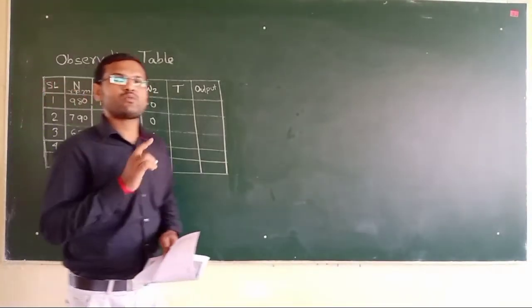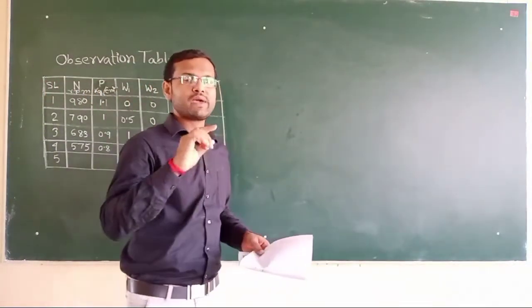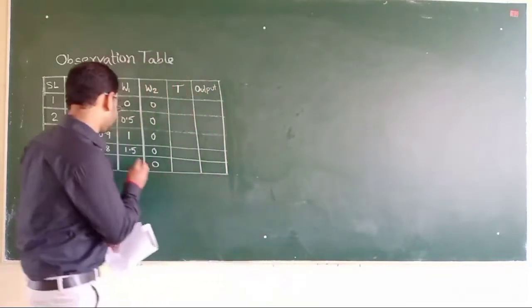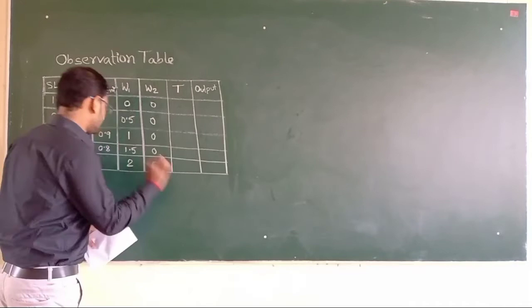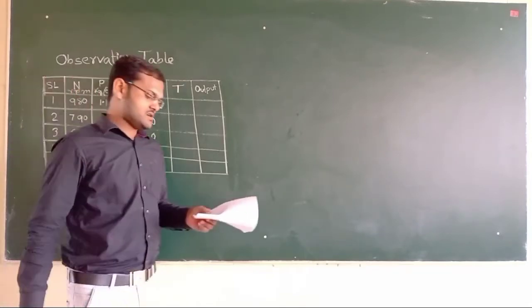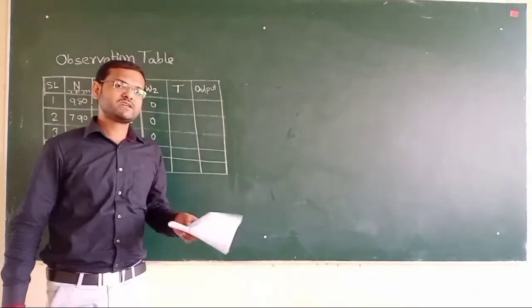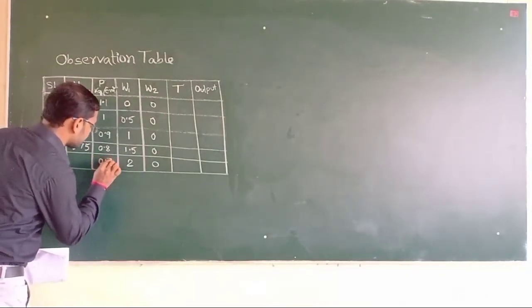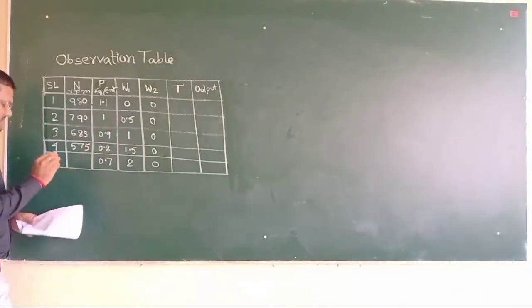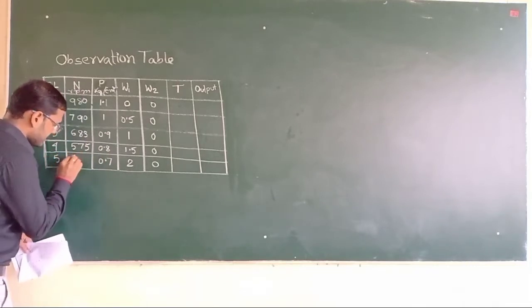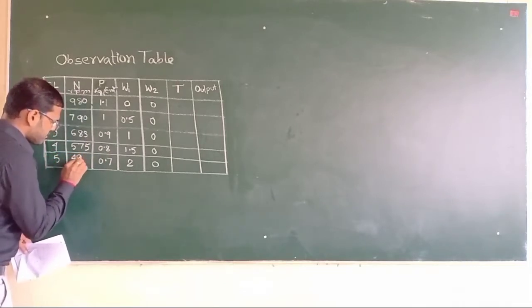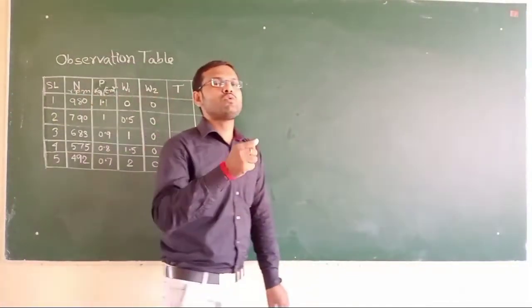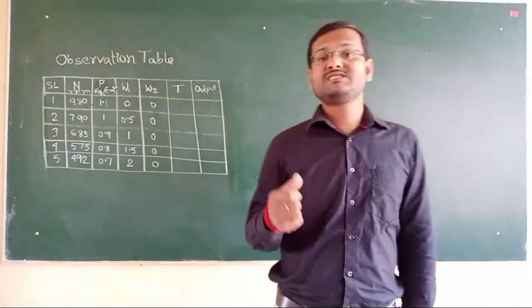After applying 1.5 kg, again we give the load of 2 kg. Then we got the pressure gauge reading 0.7 and the RPM 492.